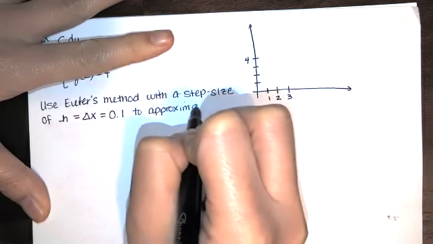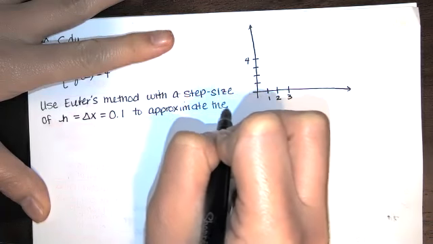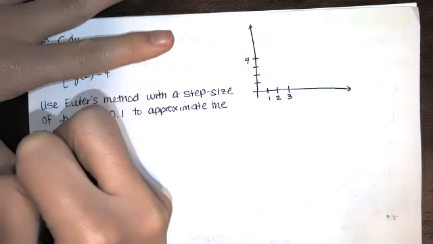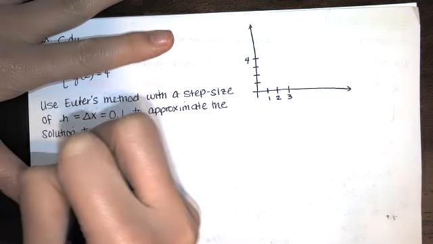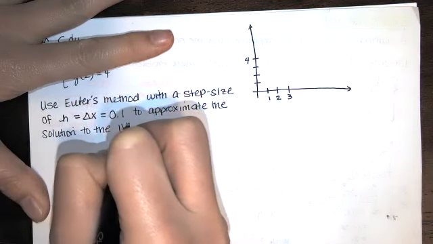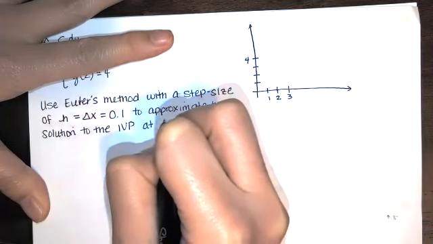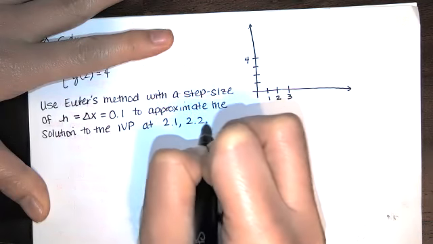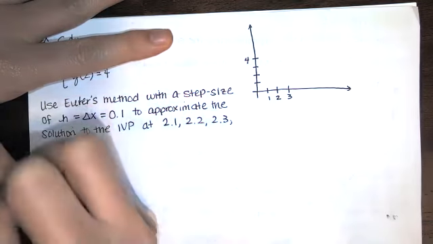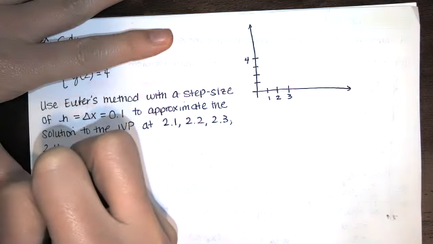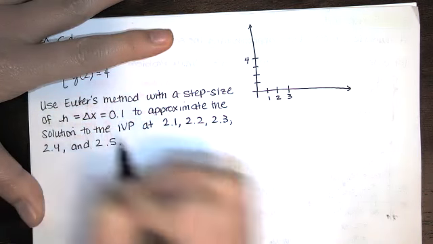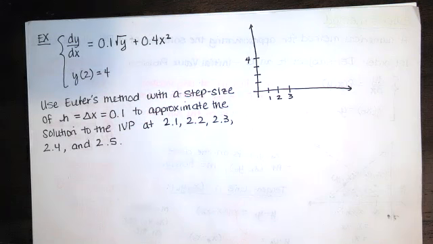We want to use this to approximate the solution to the IVP at, let's say, 2.1, 2.2, 2.3, 2.4, and 2.5.